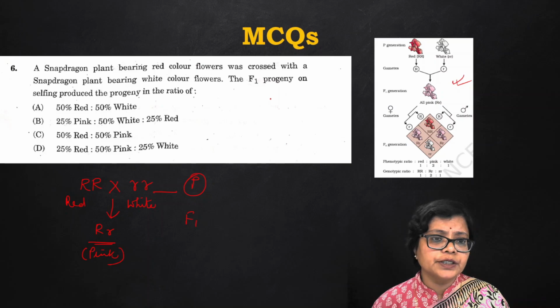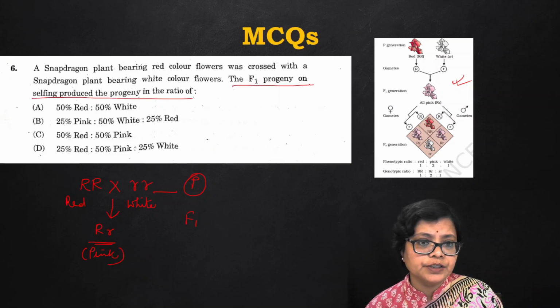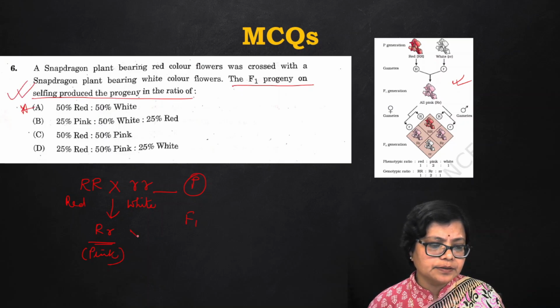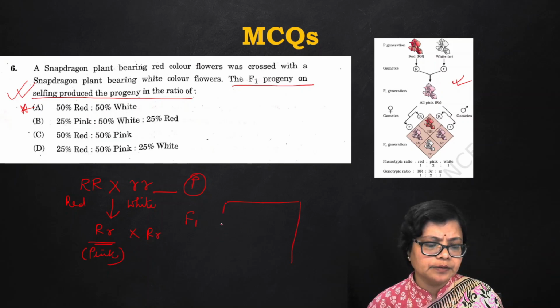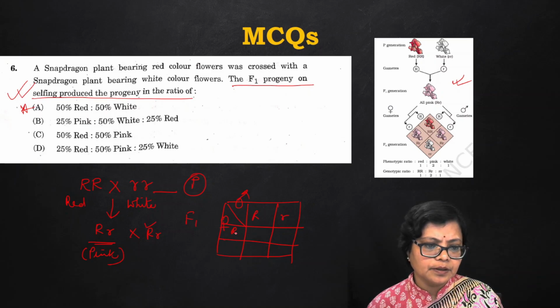Now F1 progeny on selfing, this line you have to understand, very important. Both of them are selfed, so with the help of a checkerboard we can find out the ratio. F1 generation has been selfed: capital R small r crossed with capital R small r.